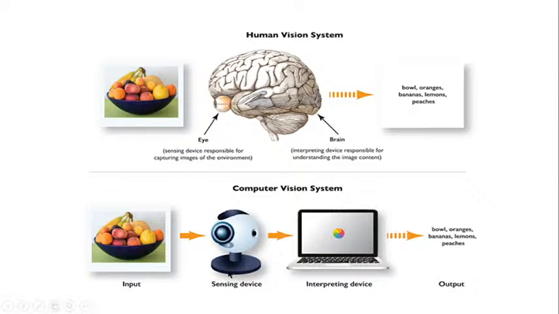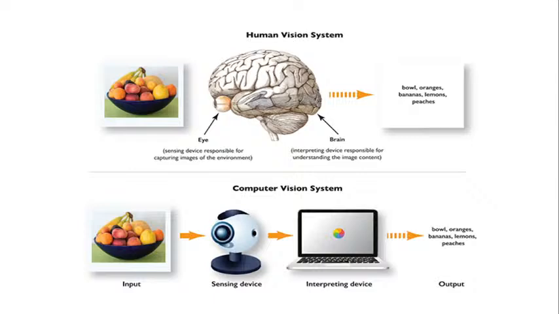Here, for the sensing device we use a camera. Using this sensing device, the computer vision system takes our input image and gives the retrieved data to the interpreting device. The interpreting device stores the information retrieved by the sensing device. The contents are the same: bowl, oranges, bananas, lemon, peaches. So this is the output of the computer vision system.